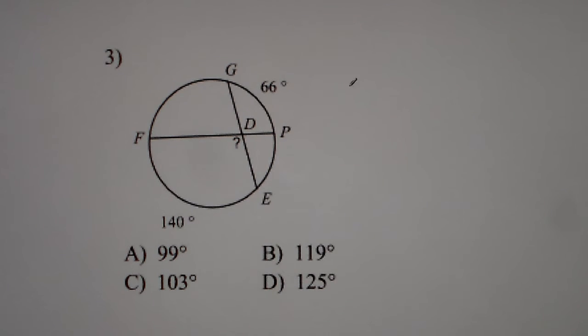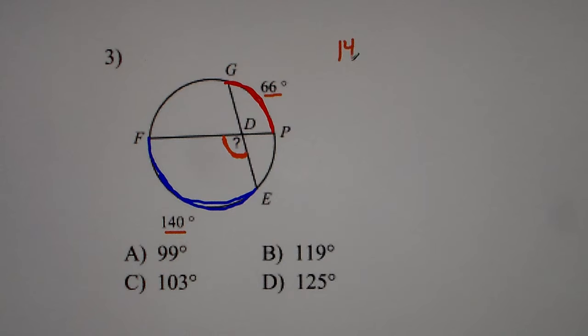Looking at number 3. We're given the blue arc there, and we're given the red arc, just like in number 1. And our goal is to find the angle on the inside there. So that's just the average. We're going to take the blue one plus the red one, those two added together.